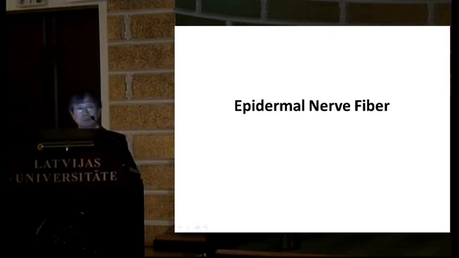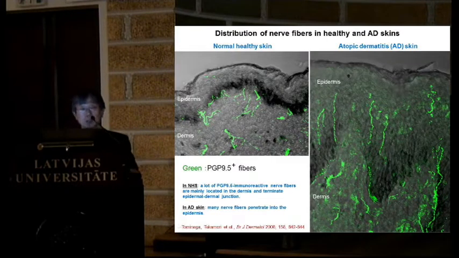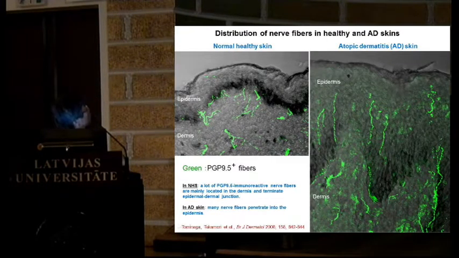I would like to talk about the role of epidermal nerve fiber in itch. In normal healthy skin, the nerve fibers are mainly located in the dermis and terminate around the dermo-epidermal junction. In atopic dermatitis skin, the nerve fibers penetrate into the epidermis.